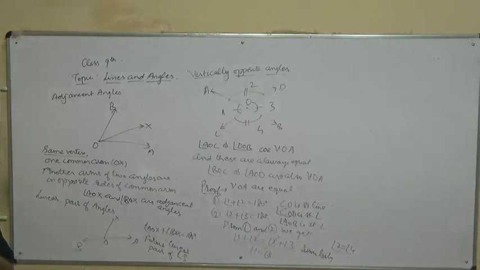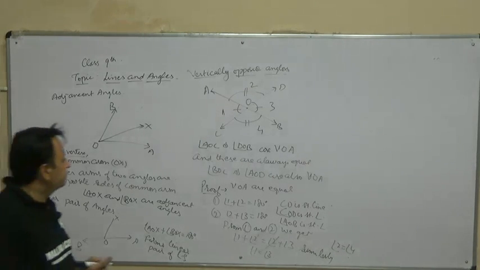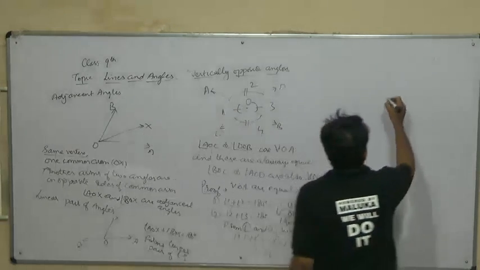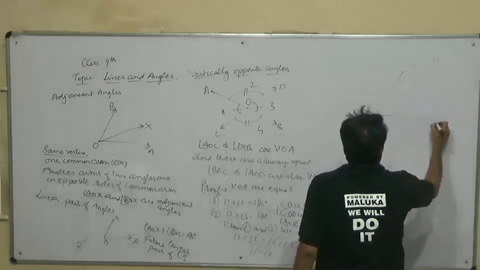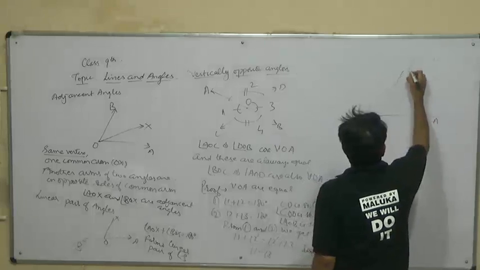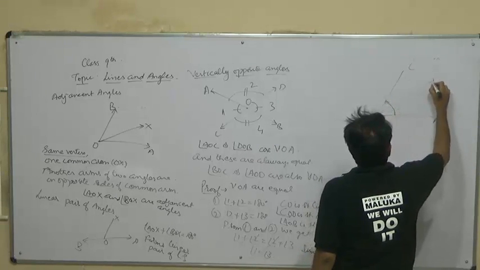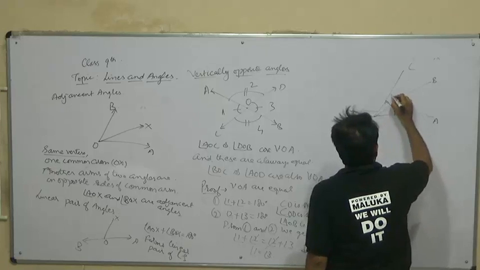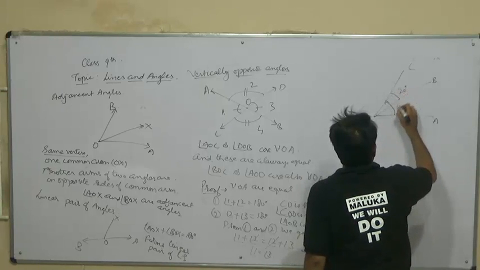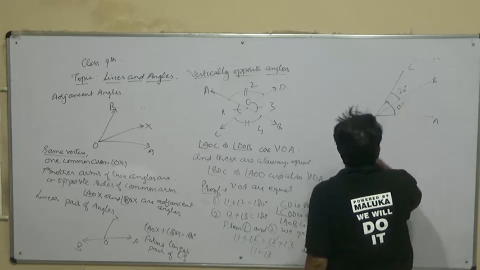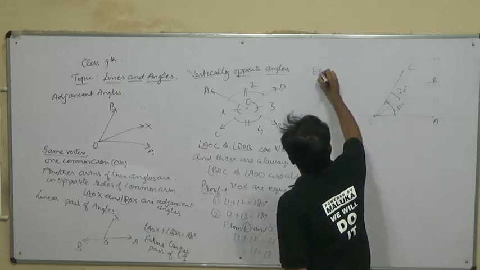Now we have got some questions. First question: we are given a figure with AOC 50 degrees and BOC 20 degrees.